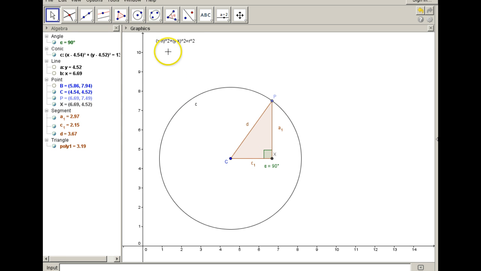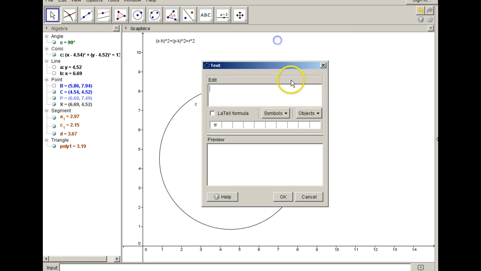All right. Now, how would we come up with this formula? Well, let's see. We would start by saying that we know that the measure of CP is equal to the radius by the definition of a radius.